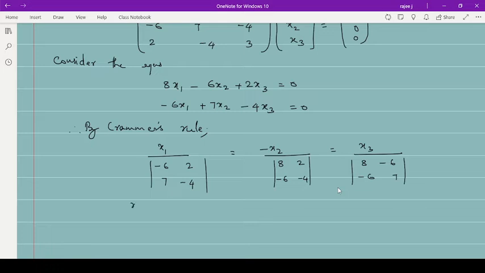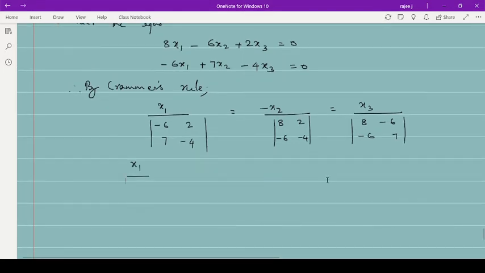Therefore x1 by 24 minus 14, 10, equals minus x2 divided by minus 32 plus 12, 20, equals x3 by 56 minus 36, 20.